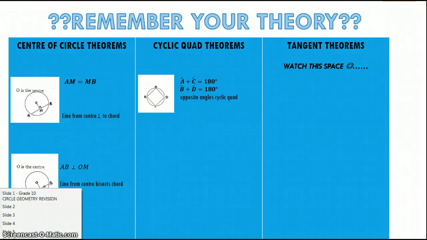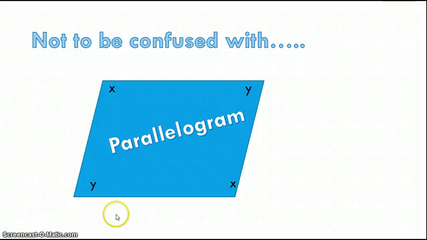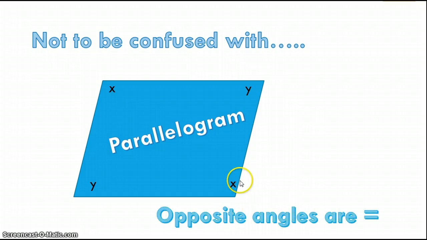You need to recall, though, that we have another theorem which sometimes is confused, and I want to just mention that at this point. Not to be confused with a parallelogram, where opposite angles are equal, whereas in the cyclic quad, opposite angles are supplementary, as we said.